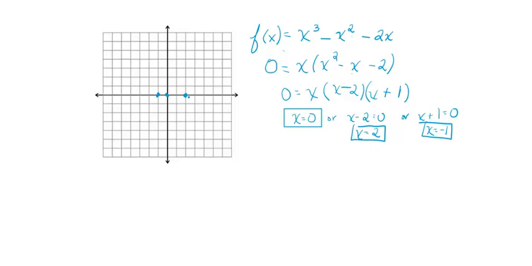But we know that because the graph is going to be rising, as x approaches negative infinity, y is going to be approaching negative infinity. So before this one, it's going to be rising. And it's going to change here somewhere, and then it's going to fall, and then it's going to rise again.